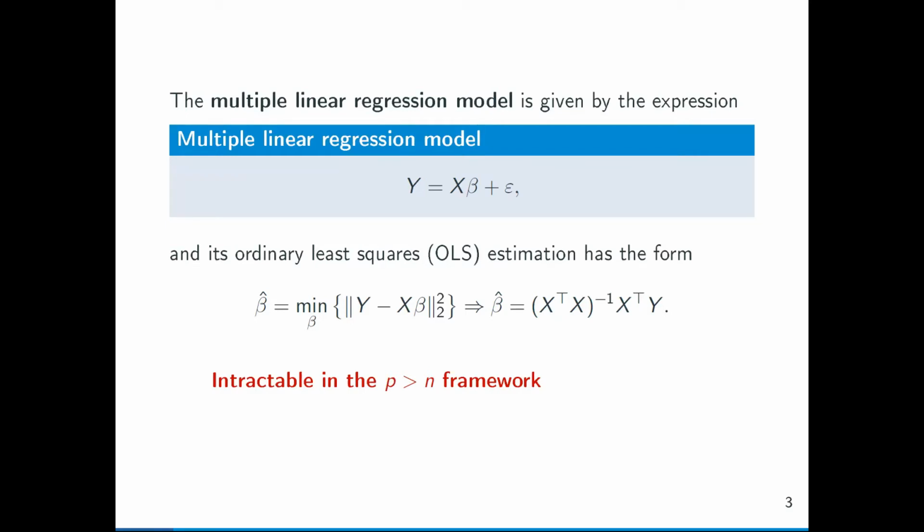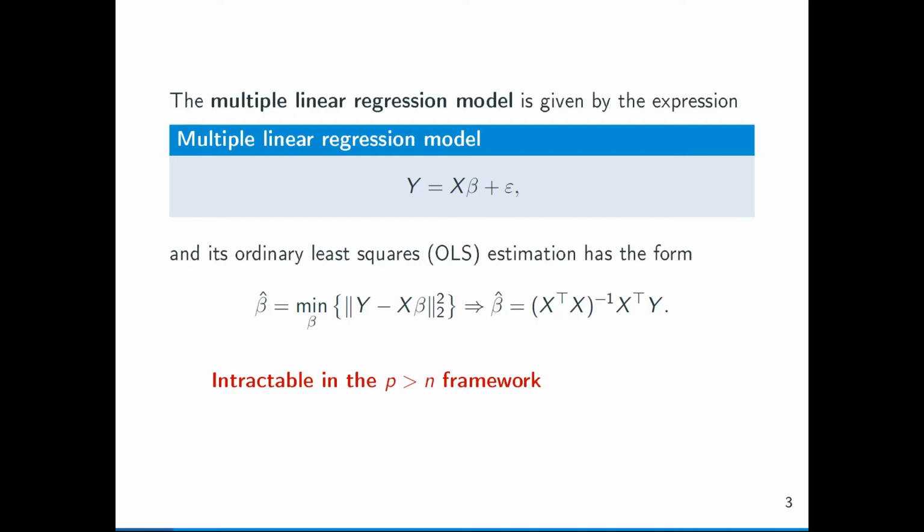If we want to perform this selection step, we can estimate the beta vector and select only those covariates whose coefficients are significantly not equal to 0. For this purpose, we can make use of the ordinary least squares estimator, which has the expression given in the slides.